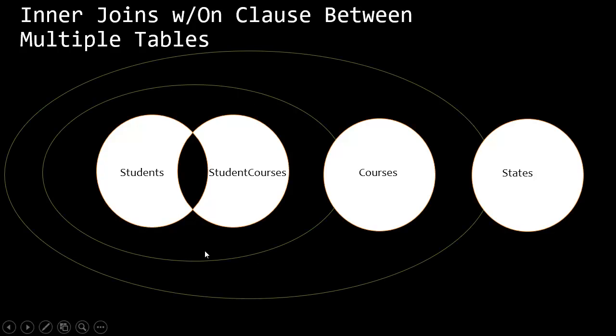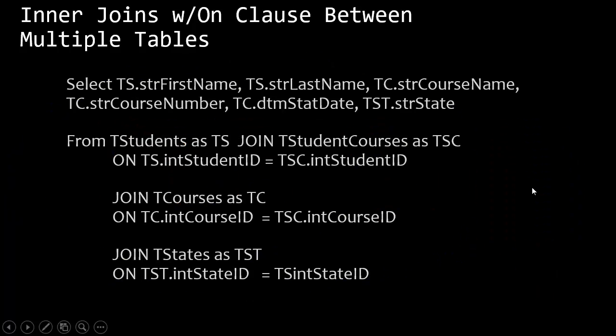So going back to my illustration here, these 2 first, the results, that's that green line, is going to be joined to this. The results of that big green line, it's going to be joined to states. I feel if you just kind of keep that in mind as you're writing these, one step at a time, so no matter if you're joining 3 tables, 4 tables, 5 tables together, it always works if you do that.